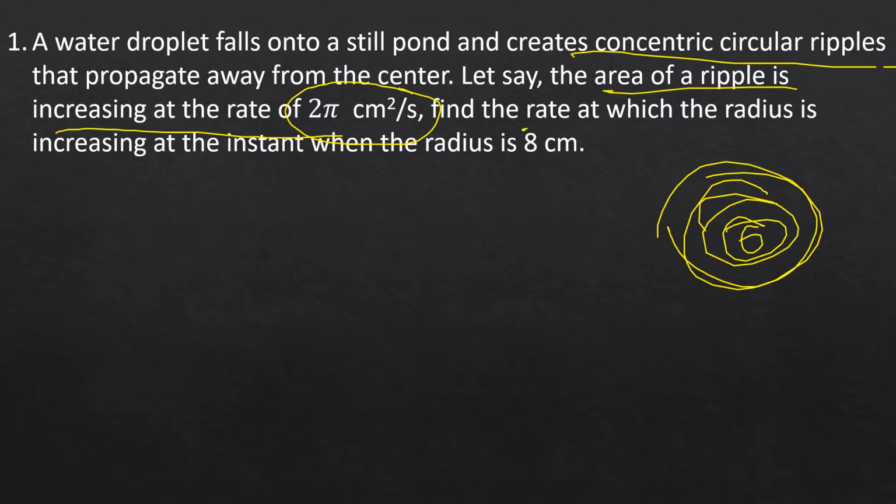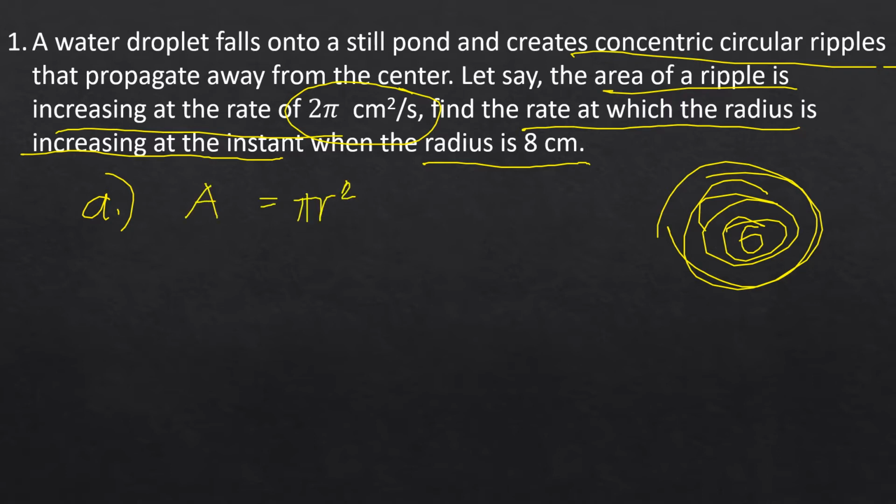We're going to find the rate at which the radius is increasing at the instant kapag ang radius daw ay 8 centimeters. Therefore, the first step here is we should know area is equal to pi r squared. If we get the derivative of this area, we have dA over dr is equal to pi r squared, but take note that the radius is relevant or changed based on time.